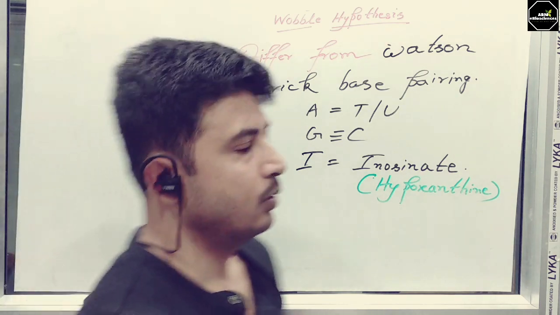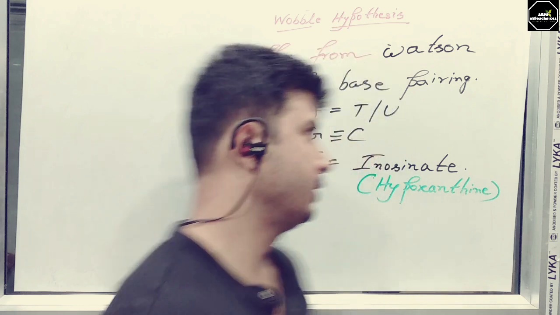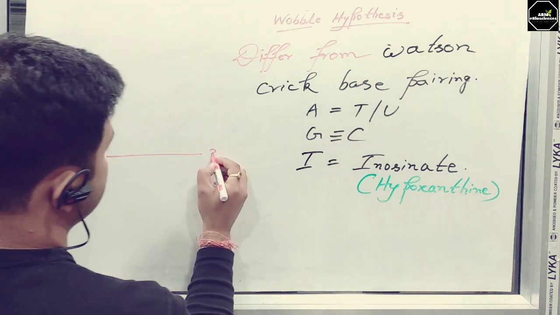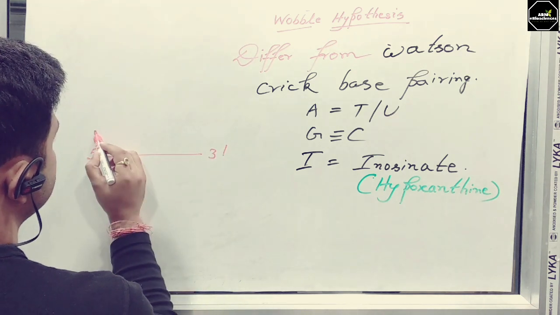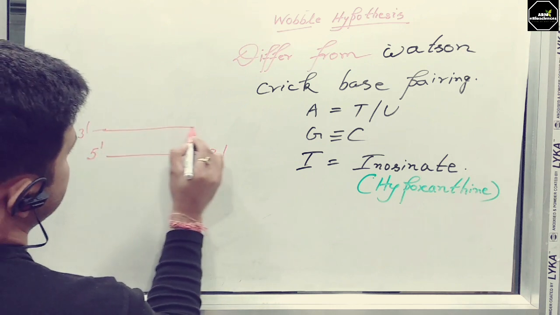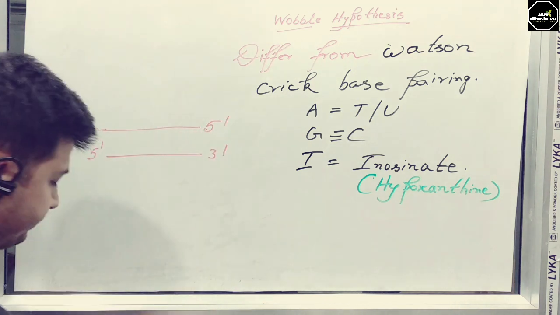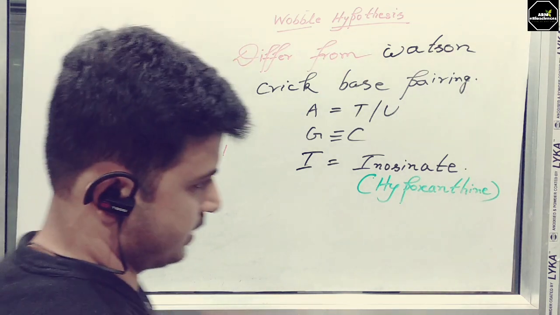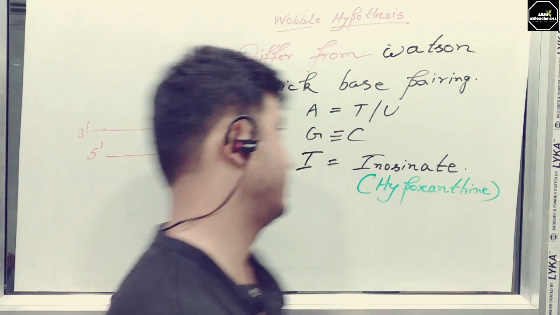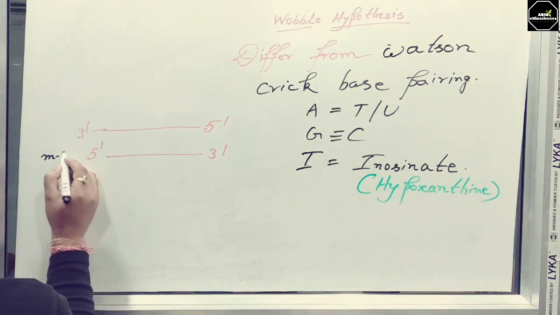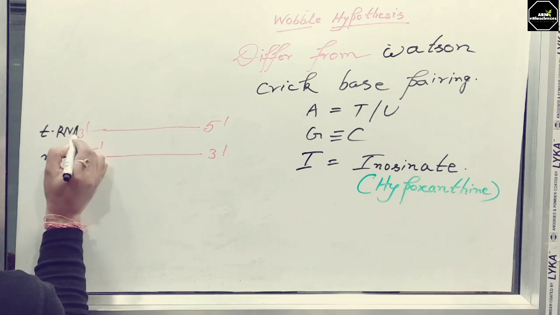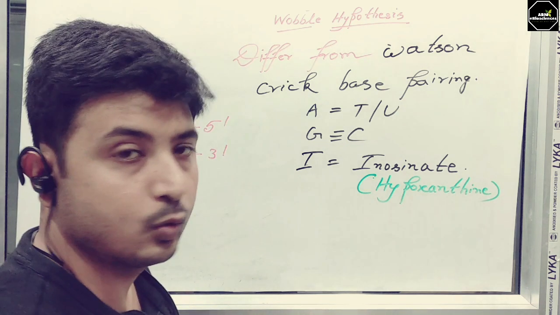Now, in Wobble pairing, suppose this is the mRNA, 5' to 3', and this is the tRNA, 3' to 5'. These are the corresponding codon and anticodon.